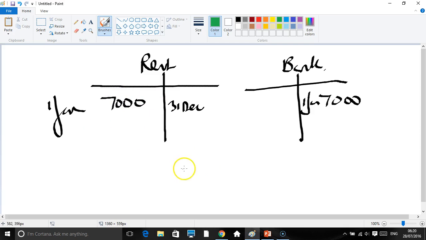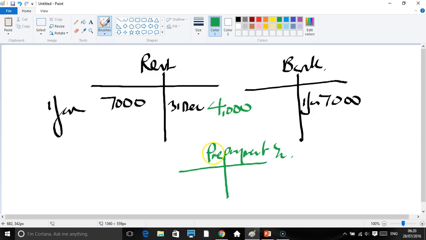We create what's referred to as a prepayment account. Yes. And what we do is we credit our rents with 4,000 and we debit prepayments with 4,000, because this means therefore that we will be transferring 3,000 to the income statement, so this account can close off.